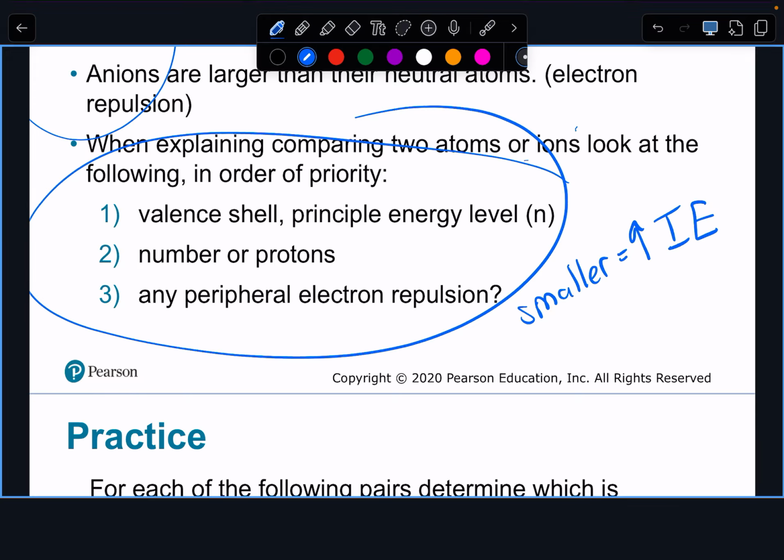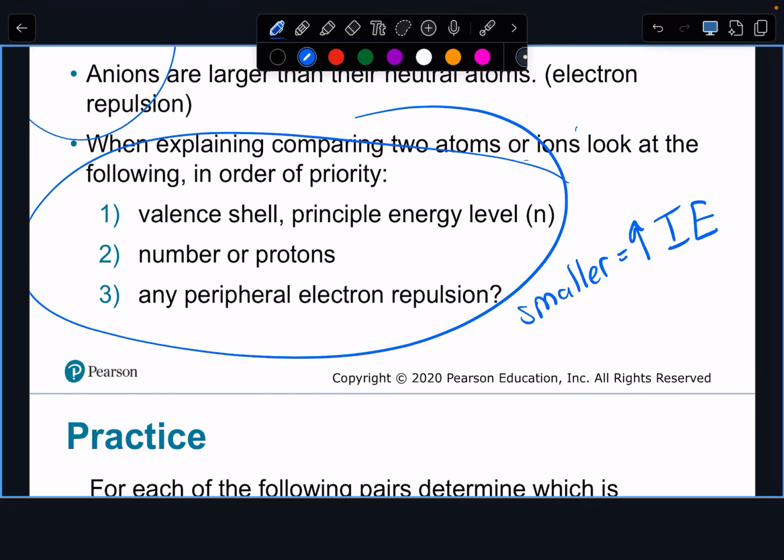Okay, so big atoms down here, easy to remove those electrons, so they have a low ionization energy or low amount of energy to remove an electron. Elements over there, small, high ionization energies because the electrons are low in potential energy, hard to remove. Okay, so high ionization energy.